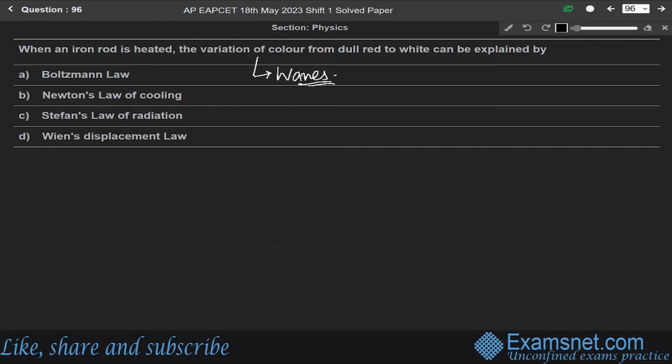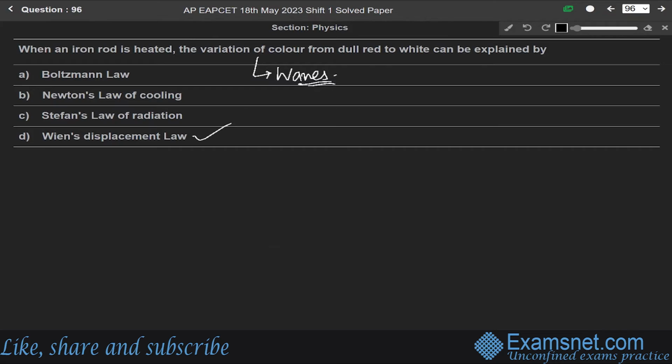Upon heating, the iron piece first becomes dull red, then reddish yellow, and finally turns white hot. Therefore, I conclude that this occurrence is attributed to Wien's displacement law. So among these four options, the correct option is option D, that is Wien's displacement law.